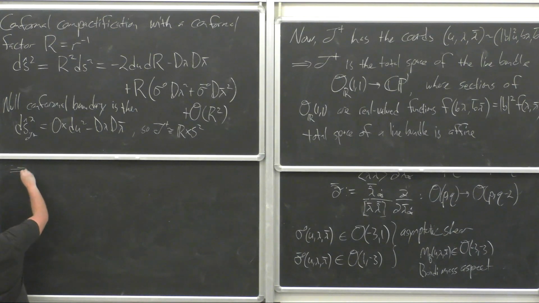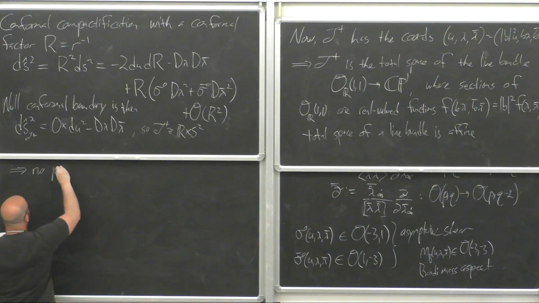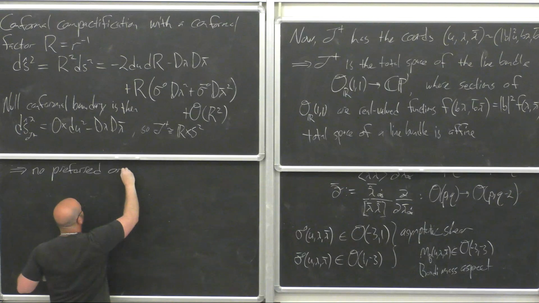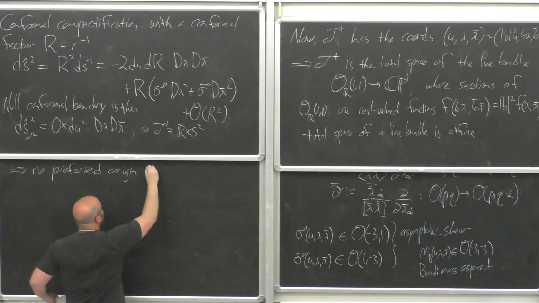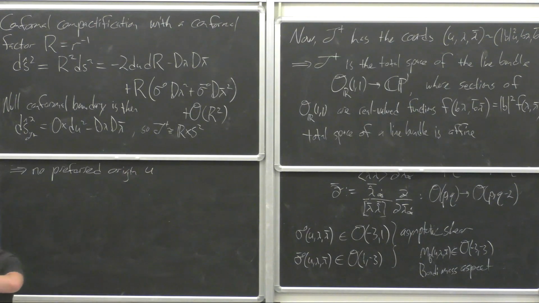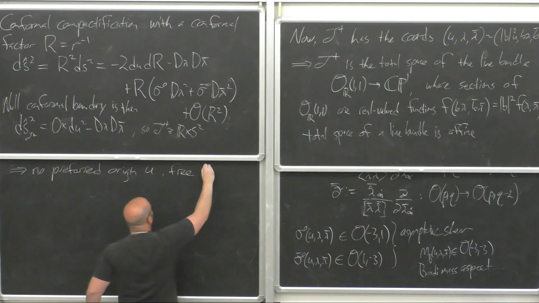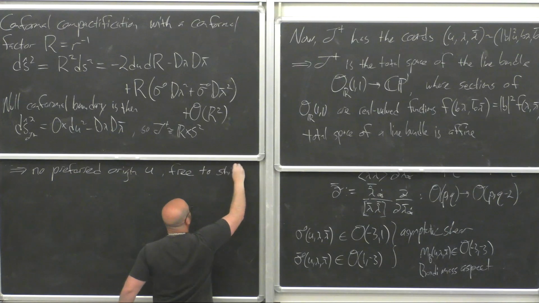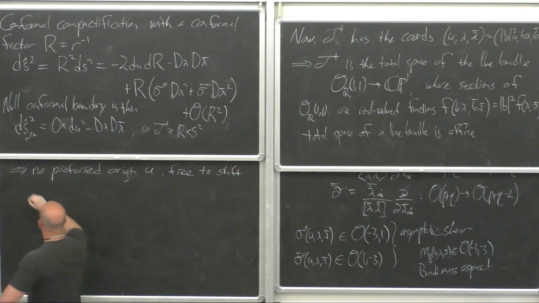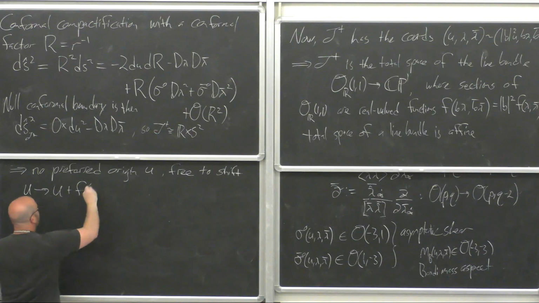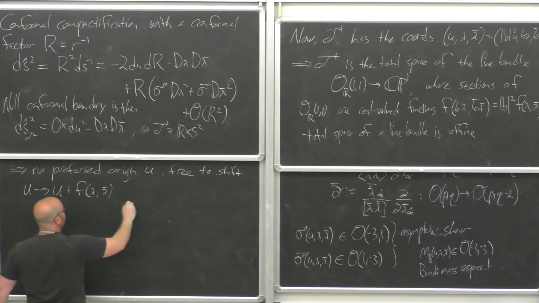So there's no preferred origin for u, the coordinate on the fibers of this line bundle. So we're free to shift u to u plus any section of this line bundle.